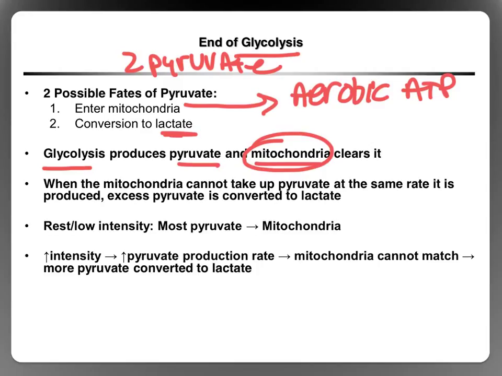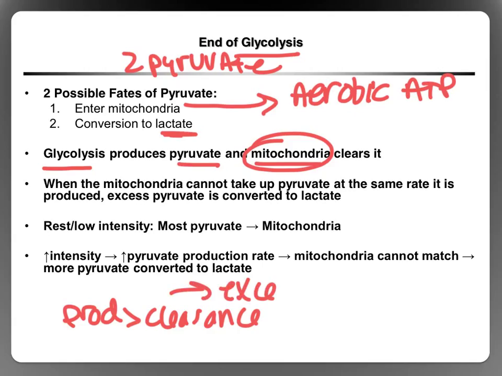If glycolysis produces it faster than we can clear it, right? If production is greater than clearance, we're going to end up with some excess pyruvate. And anything excess gets converted to lactic acid.